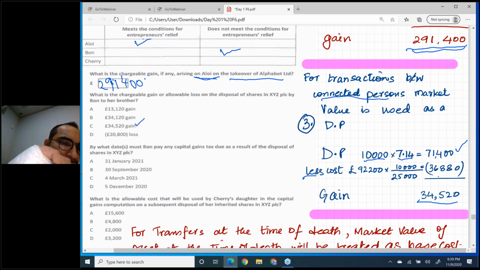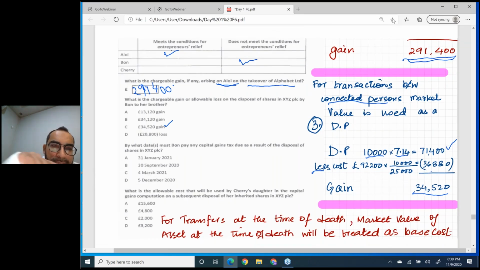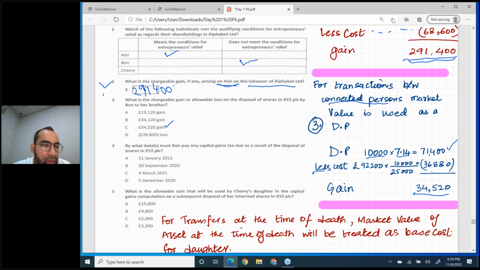34,520 is the gain of this transaction. So the answer for question number 3 is 34,520, right?